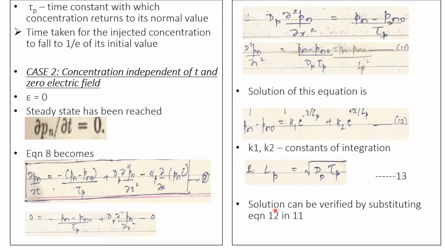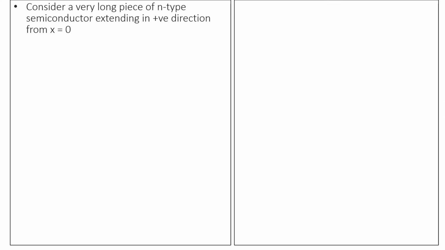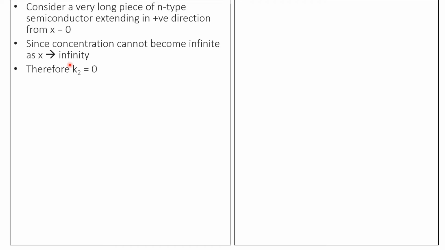This solution can be verified by substituting equation 12 in equation 11. Now consider a very long piece of n-type semiconductor extending in positive direction from x equal to 0. Since the concentration cannot become infinite as x tends to infinity, we will consider K2 equal to 0.